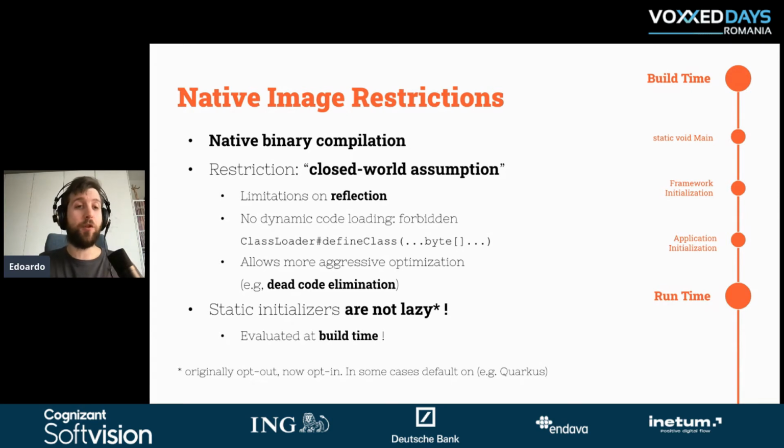And this allows for a lot of aggressive optimization, such as dead code elimination. You can prune and remove entire parts of your program because you know you will never reach them, even with reflection. And static initializers may not be lazy. Originally, this was the default. Now it's opt-in. You have to say that you don't want your static initializers to be lazy, to be eager.